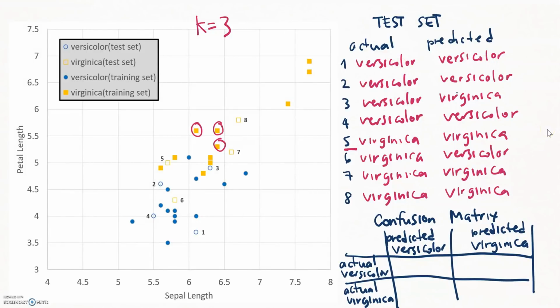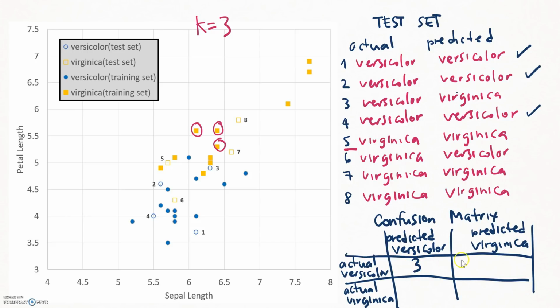In the first cell here, we are summarizing how many of the versicolor type have been predicted correctly, because the predicted versicolor and the actual versicolor are the same. We can see that this is true for records 1, 2, and 4. So we actually have 3.